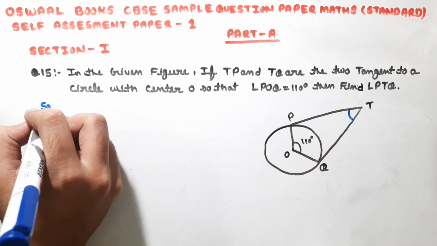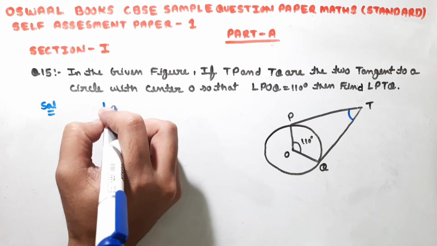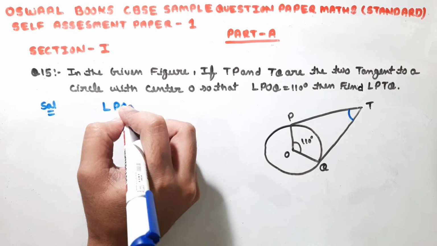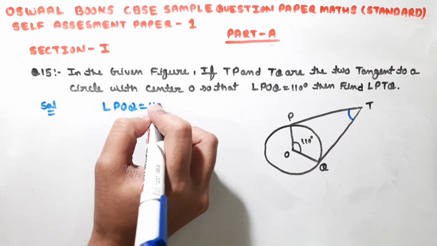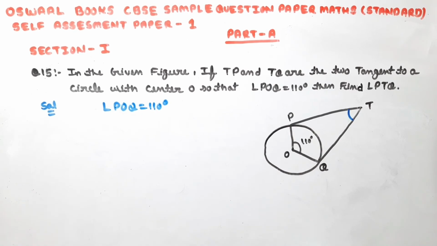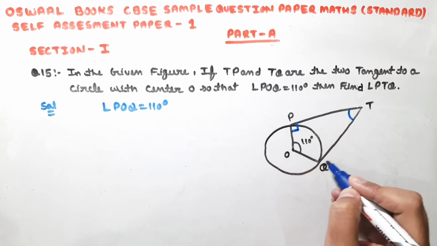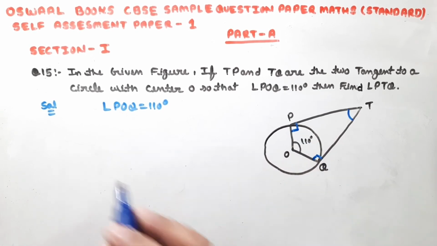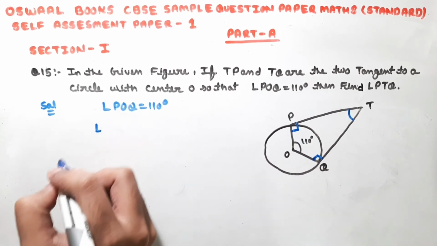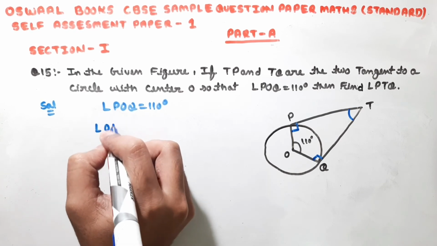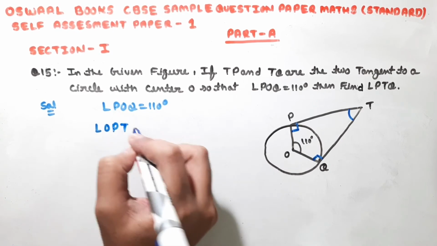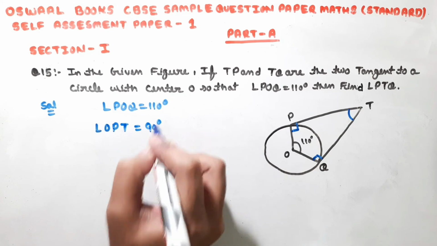So we have given that angle POQ is 110 degrees. We know that the angle between the tangent and the radius of a circle at the point of contact is 90 degrees. So angle OPT will be equal to 90 degrees.